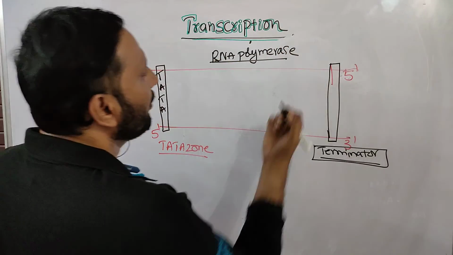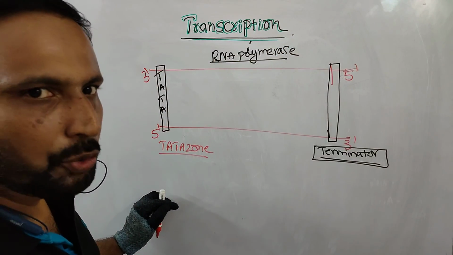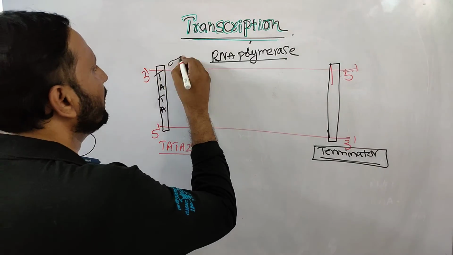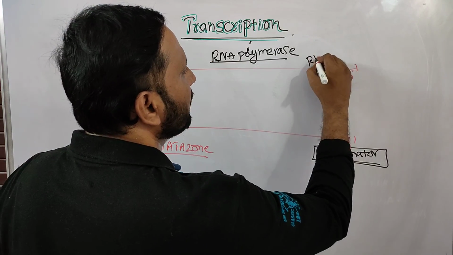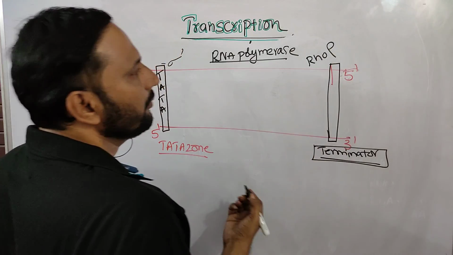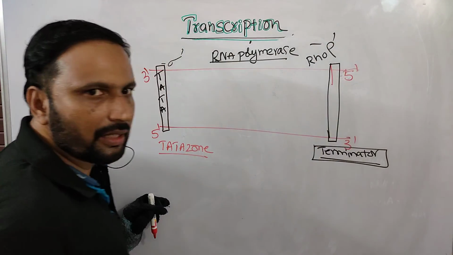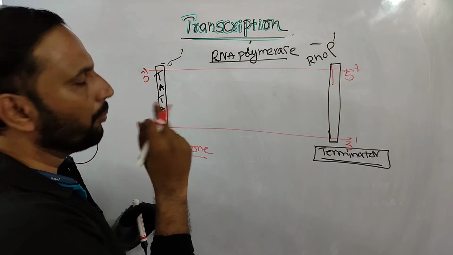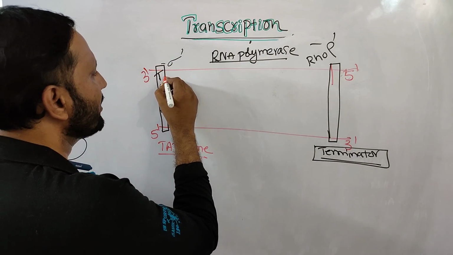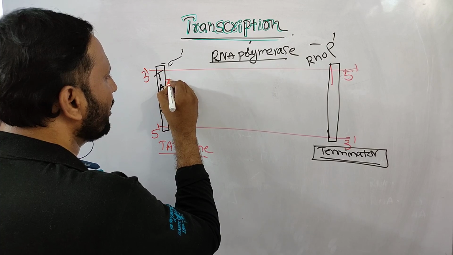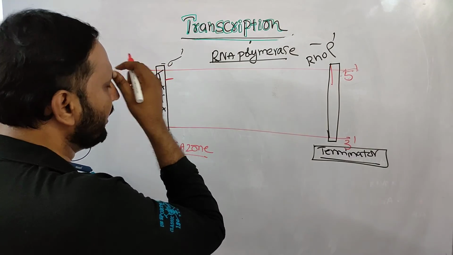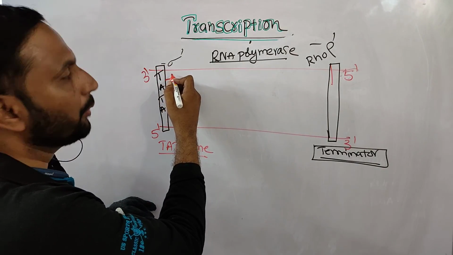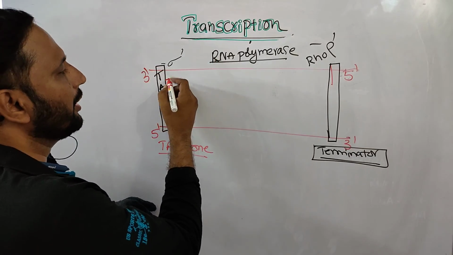In this RNA polymerase enzyme, the main two components are the sigma factor and rho factor. Sigma and rho factors are involved. Mainly the sigma factor initiates the mRNA synthesis. So now the mRNA synthesis is initiated by sigma factor of RNA polymerase.